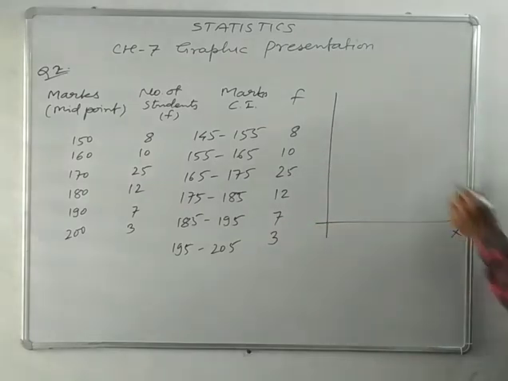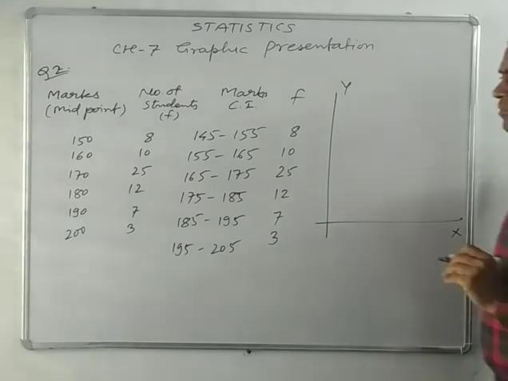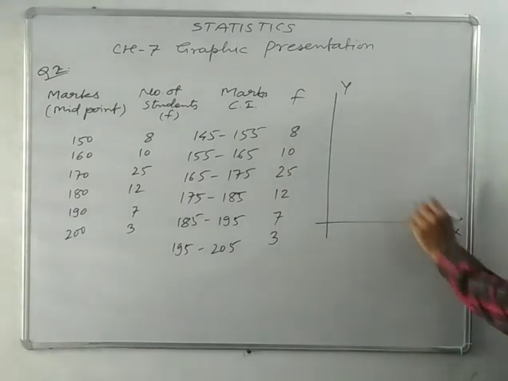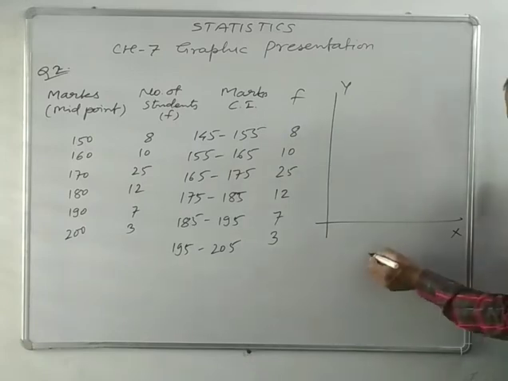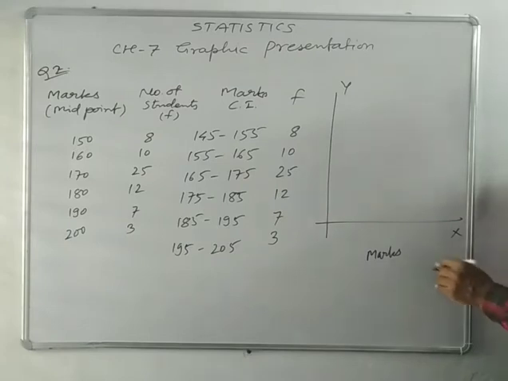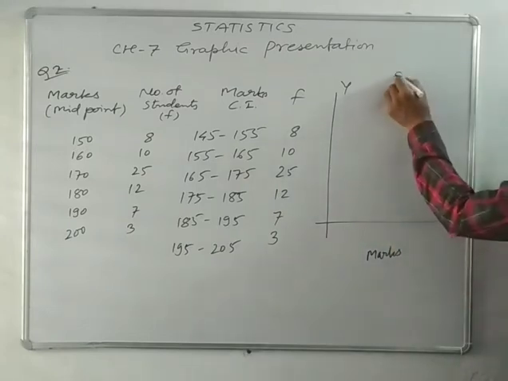Again draw the x and y axis. First choose a scale for the x axis and y axis. On the x axis, here the marks, we should take the scale for 10 units on the x axis.